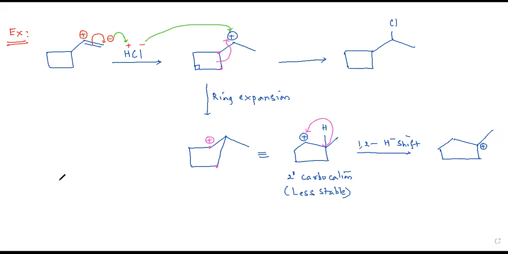So now this is a 3-degree carbocation, more stable. So it is going to give us the more stable product, of course the major product.